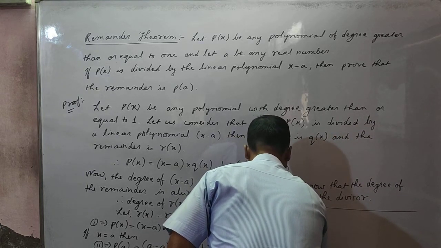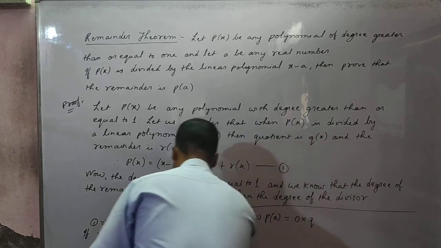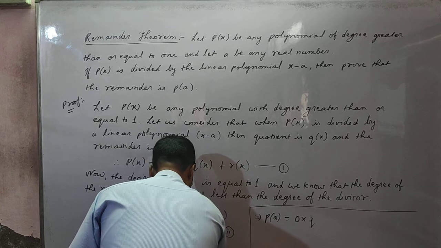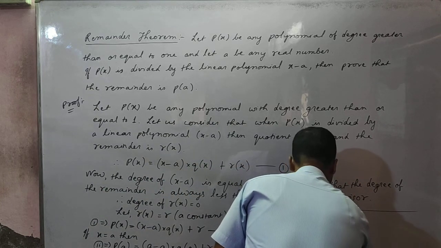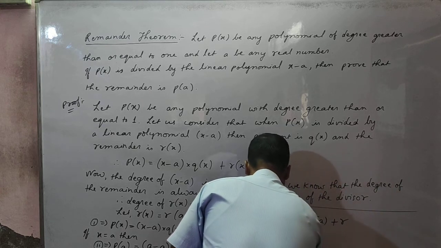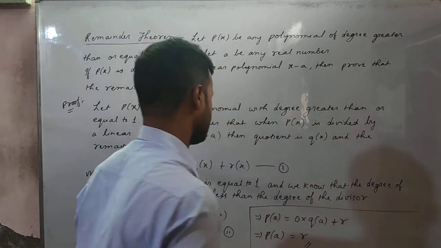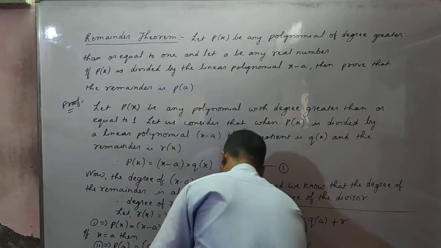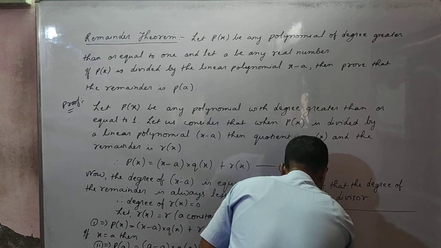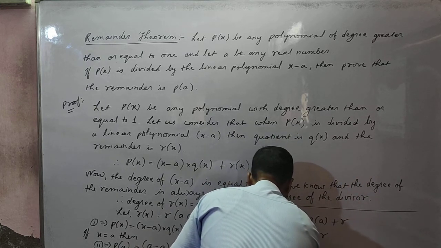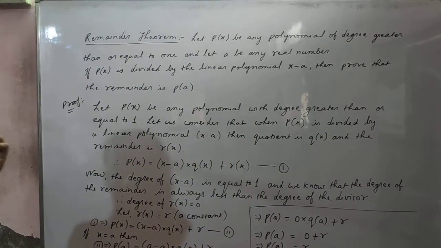So p(a) is equal to 0 into, sorry, it will be q(a), okay, 0 into q(a) plus r, so that will be p(a) is equal to r. Okay, so 0 plus r. So students, very interesting theorem.